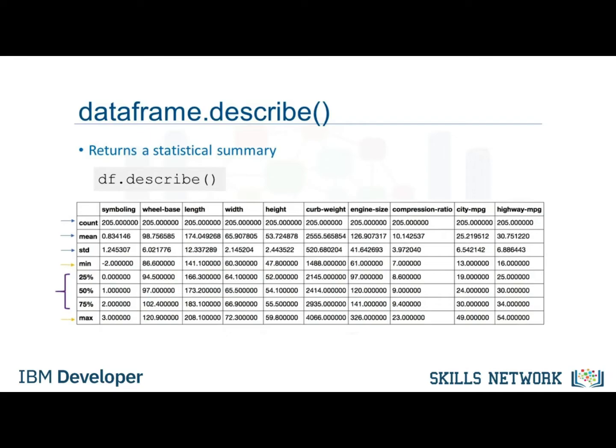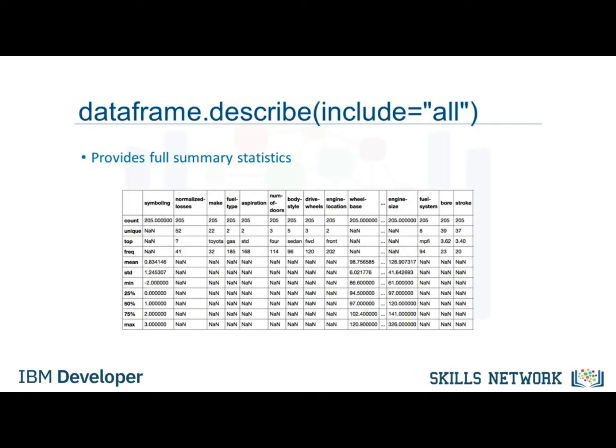By default, the dataframe.describe function skips rows and columns that do not contain numbers. It is possible to make the describe method work for object type columns as well. To enable a summary of all the columns, we could add an argument include equals all inside the describe function bracket.